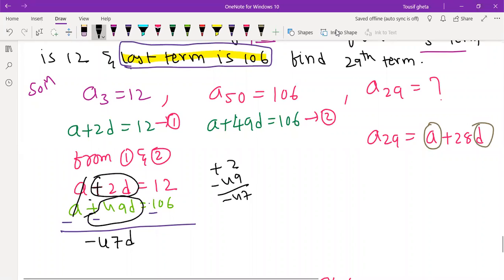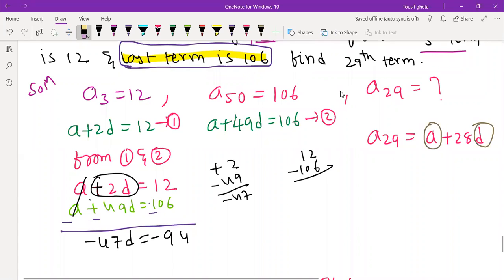This is your 12 minus 106. 106 minus 12, you know what we will get? 94, and minus is bigger, so minus 94. Right, everybody? Any doubt in this?